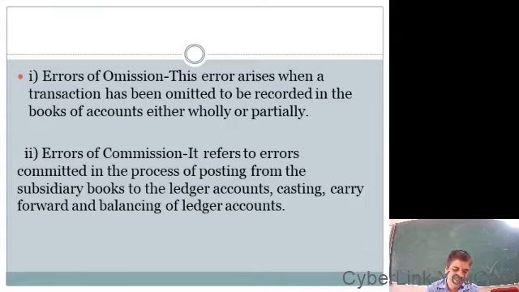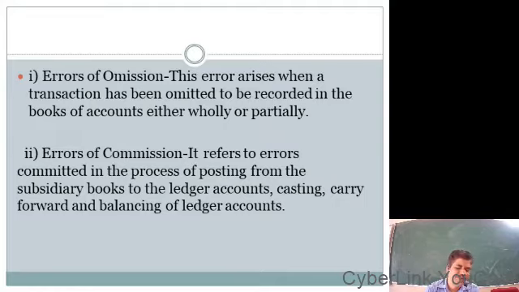Or, if furniture purchased on credit from a party, say Mr. X, is entered in the journal proper but is omitted to be posted to both the furniture account and X's account, it is an error of complete omission.